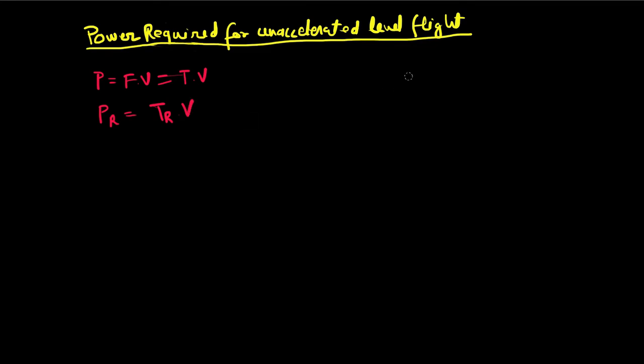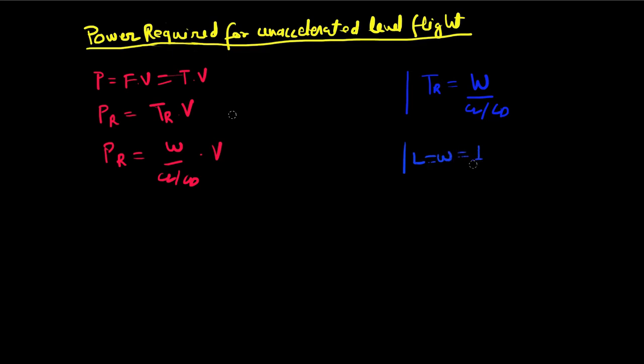Now from our previous lecture we know that thrust required is equal to W divided by CL by CD. So using this value we can say that power required is equal to W divided by CL by CD times velocity. Now we also know that for an unaccelerated level flight, that is a cruise condition, L is equal to W is equal to half rho V square S CL.